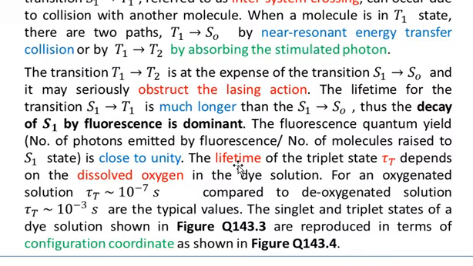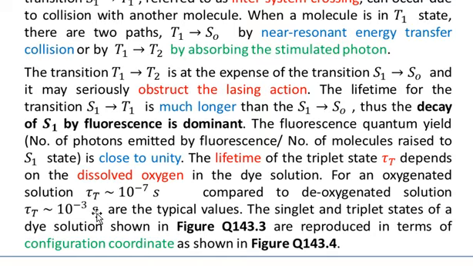So note, this point is very important. The lifetime of the triplet state tau T depends on the dissolved oxygen in the dye solution. For an oxygenated solution where the oxygen is abundant, tau T is of the order of 10 to the power minus 7 seconds, compared to the deoxygenated solution where the lifetime of the triplet state tau T is of the order of 10 to the power minus 3 seconds.